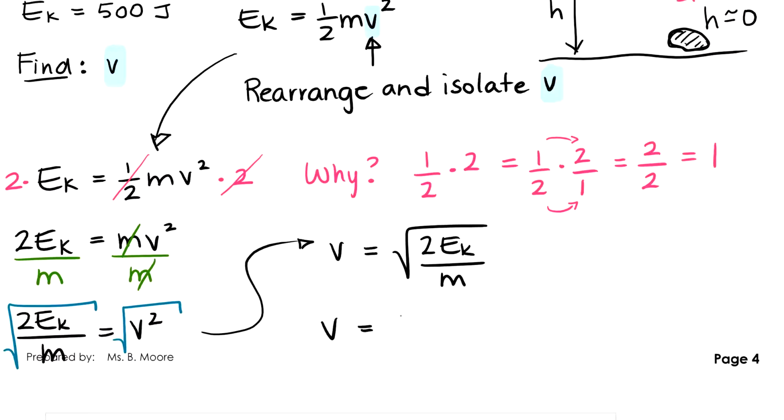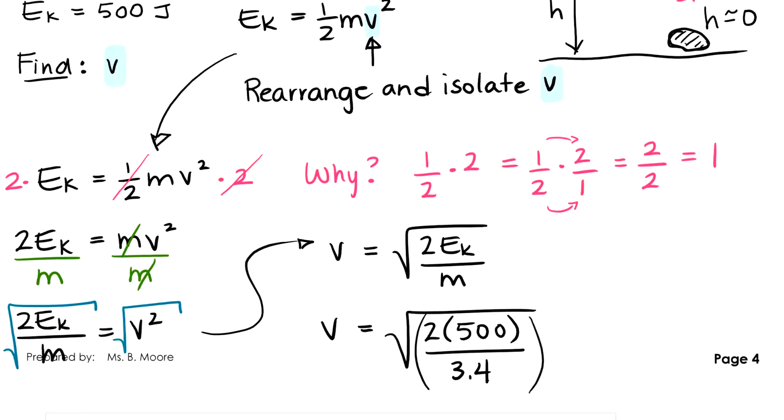Now we're ready to put our values in. v equals the square root of 2 times 500 joules divided by the mass, which is 3.4 kilograms. So how to put something like this in your calculator? If you have a proper scientific calculator, when you hit the square root button, it'll give you an option to put a bracket around the operation that you're doing on the inside. And if you don't, well, you're going to have to work out 2 times 500 first, and then divide that by 3.4, and then take the square root of your answer.